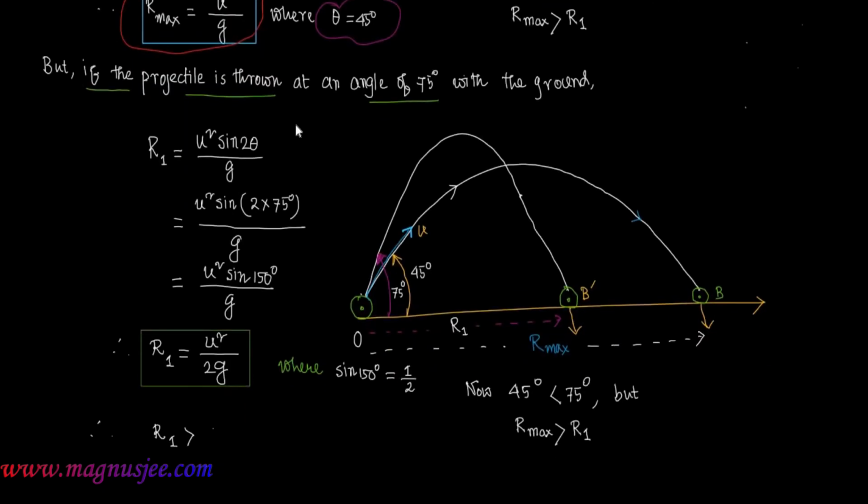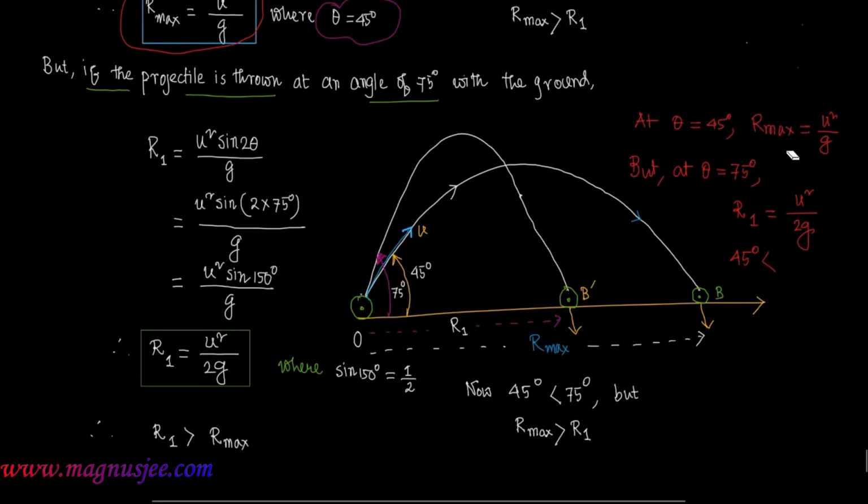Therefore we can say that R max is greater than R1. At theta equal 45-degree, R max is equal to u square by g, but at theta equal 75-degree, the horizontal range R1 will be equal to u square divided by 2g.